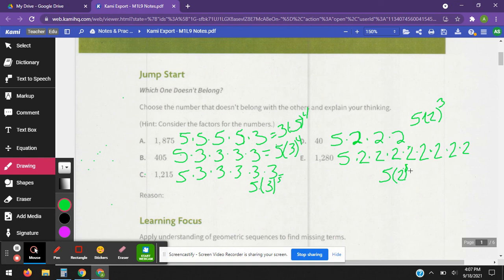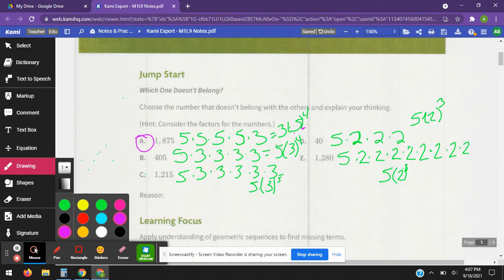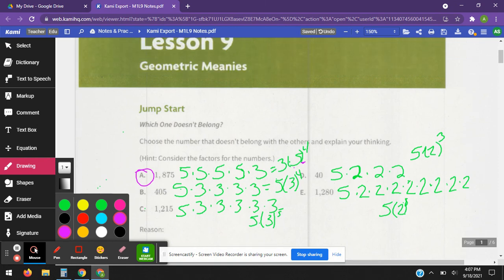These two both have 2s. These three are even. Those two are odd. Probably the one that most doesn't belong is A, just because it's the only one with multiple 5s. All the rest have one 5. I'm sure we can go dig deeper and find more, but that's good enough for now.